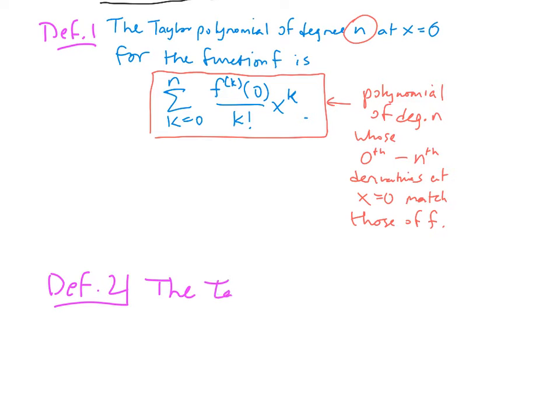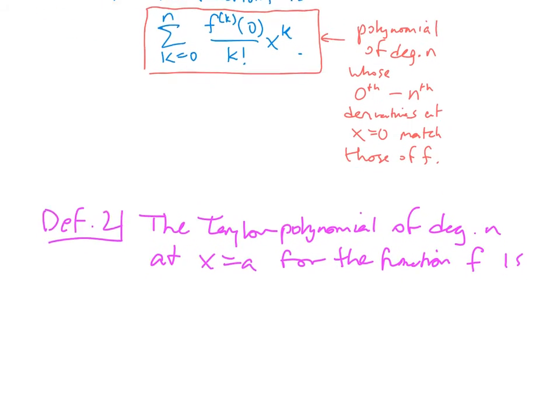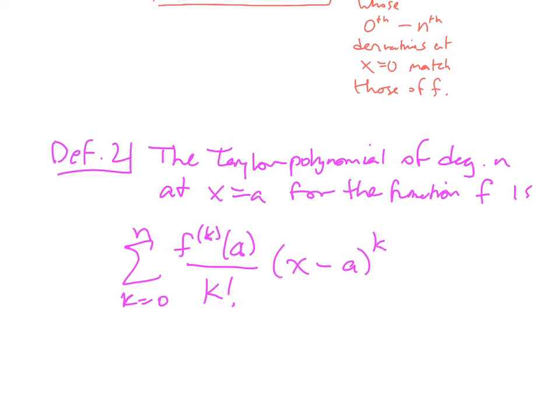The Taylor polynomial of degree n at x equals a for the function f is the sum from k equals 0 to n of the kth derivative of f evaluated at a, not at 0, at a, over k factorial times x minus a to the k.